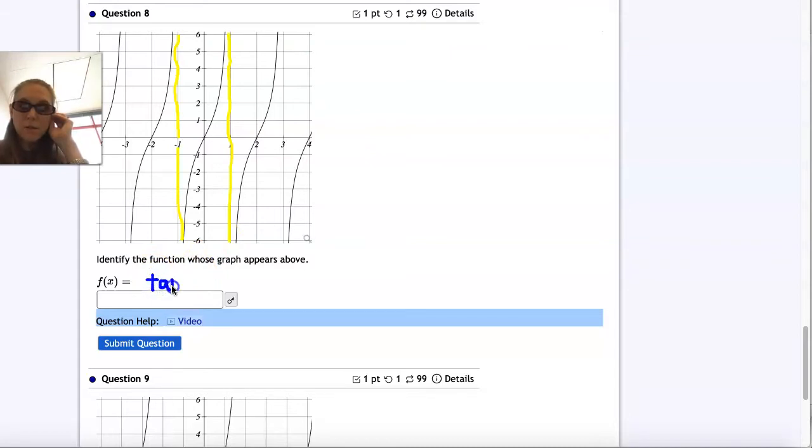And next, I want to figure out the period of this graph. And since my graph is going from -1 to +1, that means that the period of this graph is 2, and if the period of the graph is 2, that means that the b value is going to be pi/2.